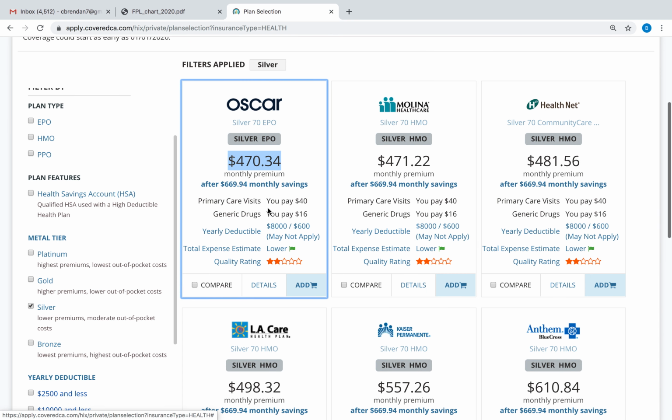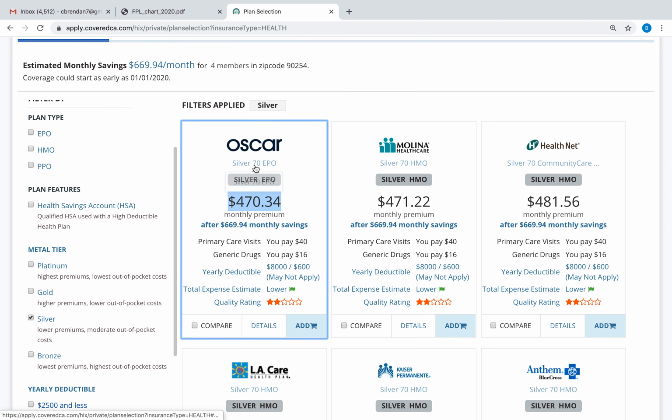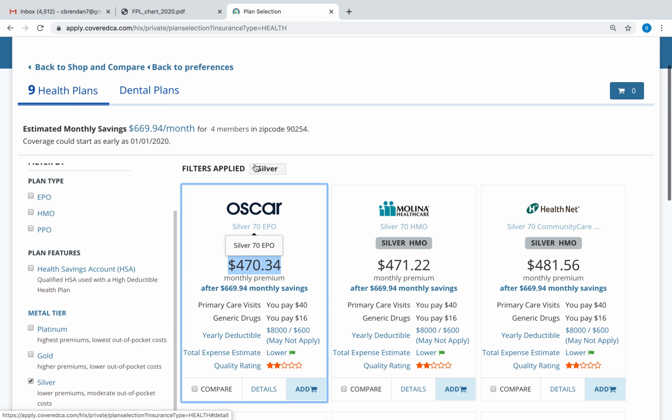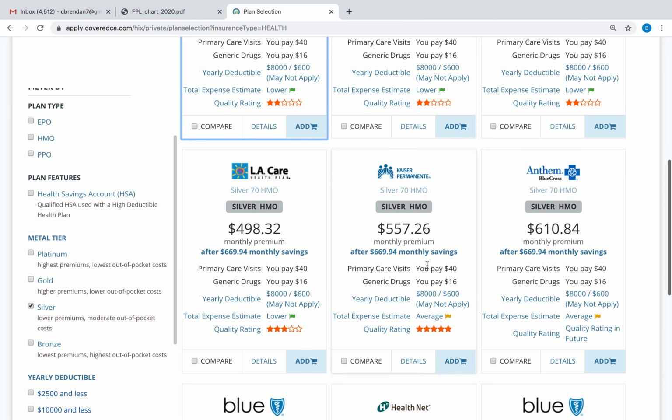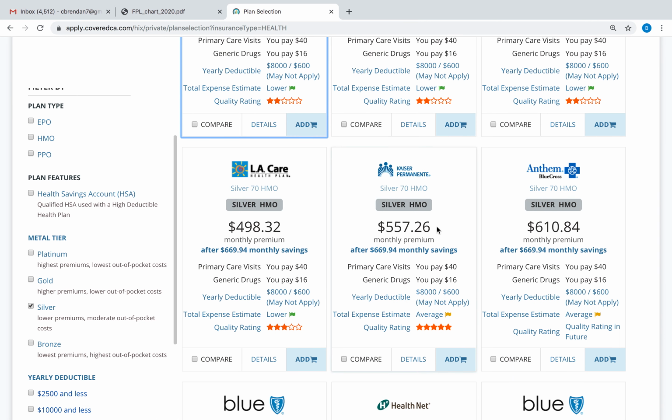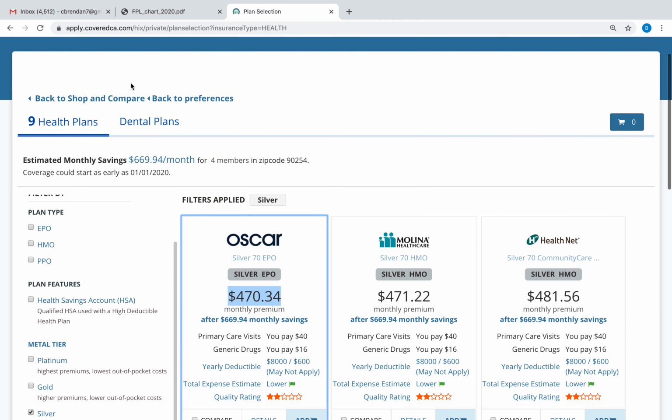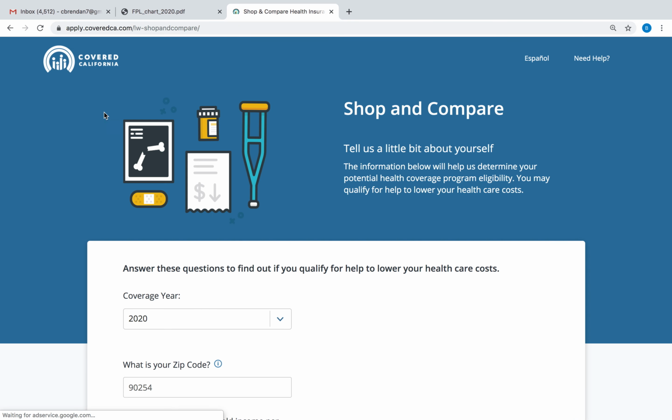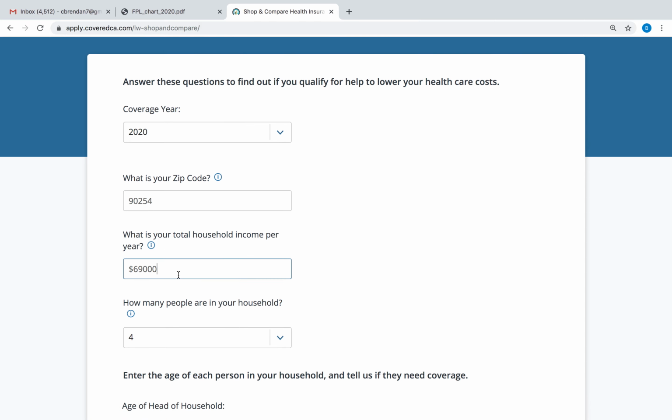So Oscar's the best rated price in this zip code. $40 office visits, $470. That will cover all four of them on the Oscar plan. Kaiser would cover all four of them for $557, and all four of them would get the Kaiser Silver 70.